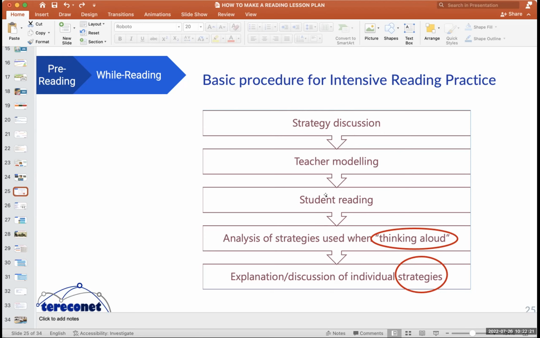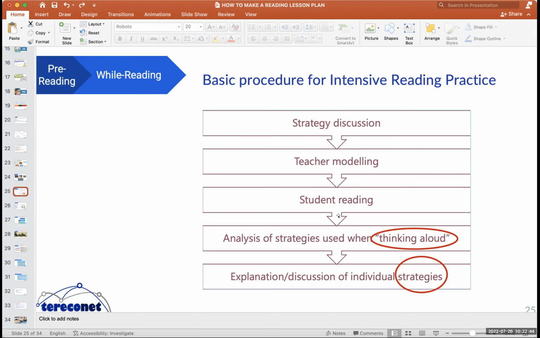So this can be individual, they can read by themselves, or for lower level students, I'm going to encourage group reading so that they can get help from their friends, peers with better reading skill, who can help the lower level ones.